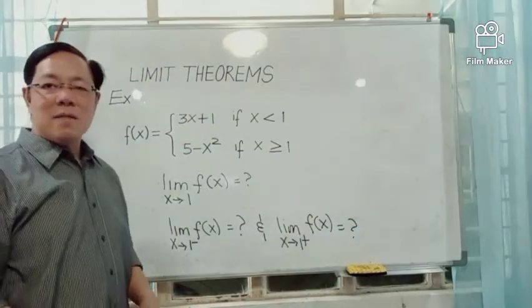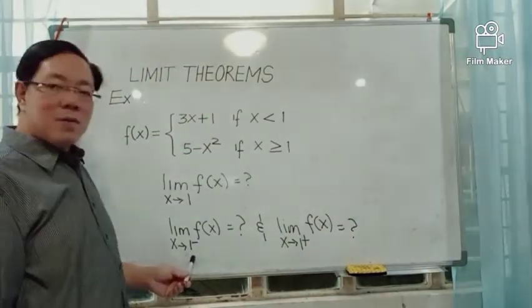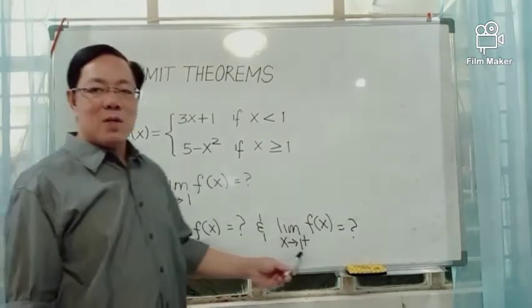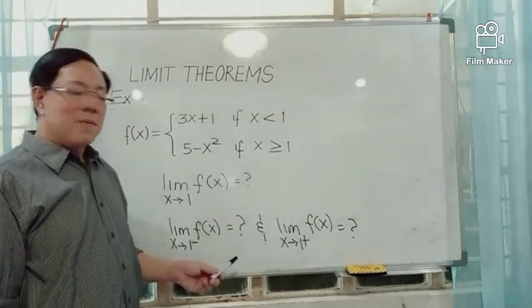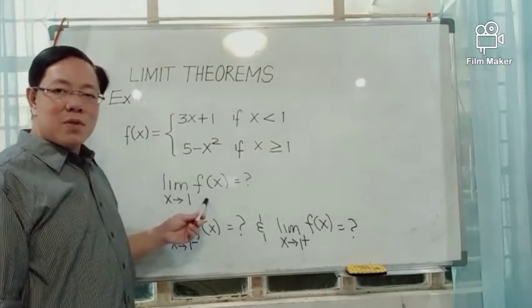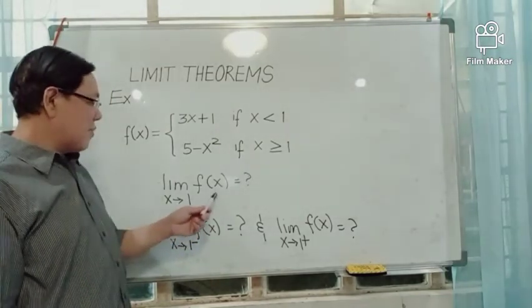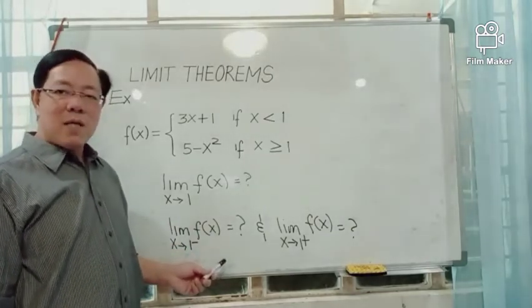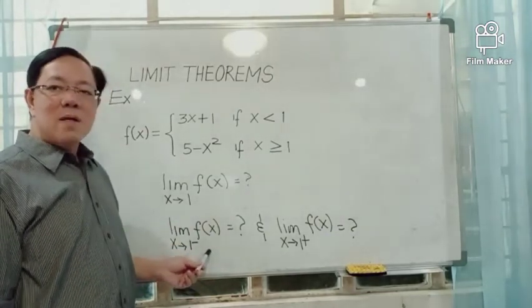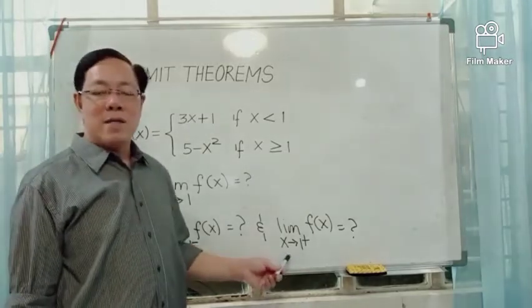And if we find that the left-hand limit is equal to the right-hand limit, we can conclude by the theorem that the limit of f of x as x approaches 1 is equal to that value of the left-hand limit and the right-hand limit.